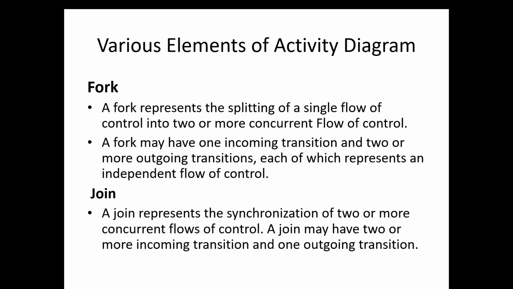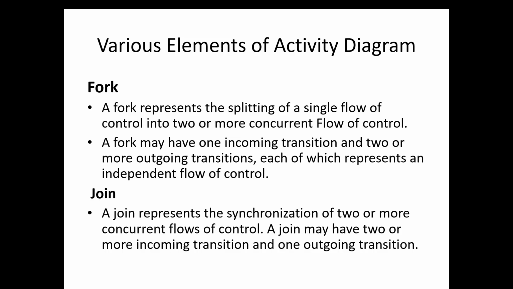And the reverse of fork is join. Means when multiple activities are to be ultimately joined. Here you have more than one output, and those outputs will work as inputs and ultimately be joined into a single unit. So a join represents a synchronization of two or more concurrent flows of control. So it may have two or more incoming transitions and one outgoing.